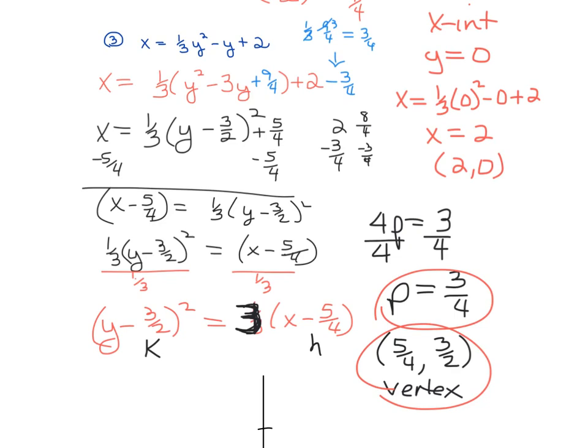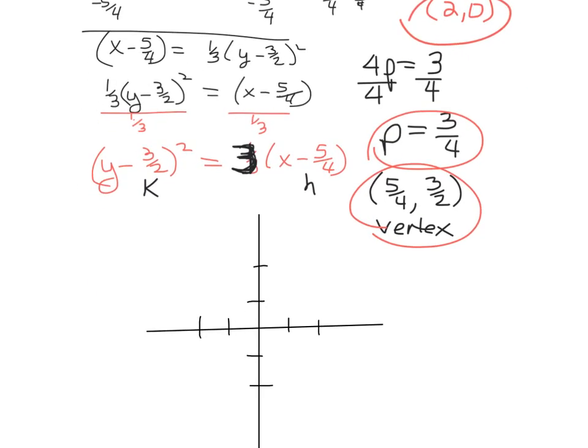So let's go ahead and graph the vertex and my first ordered pair there. So 2, 0 I could put right here. The vertex, 5 over 4 is like 1 1/4, and 3 over 2 is like 1 1/2. So I'm going to come over here to 1 1/4 and then up to 1 1/2. So I can put my point about here.